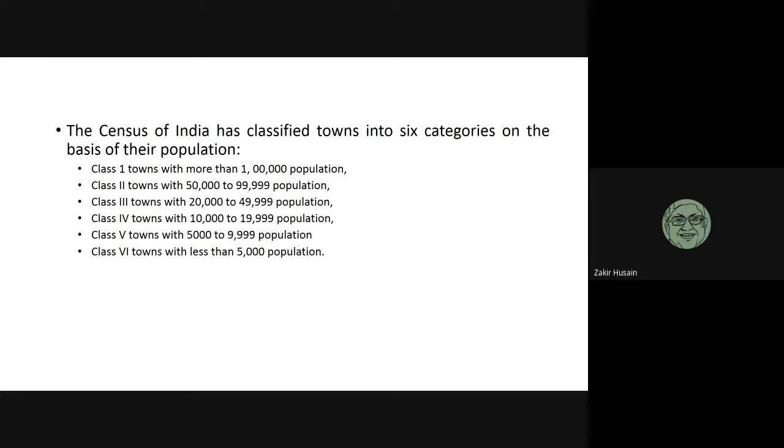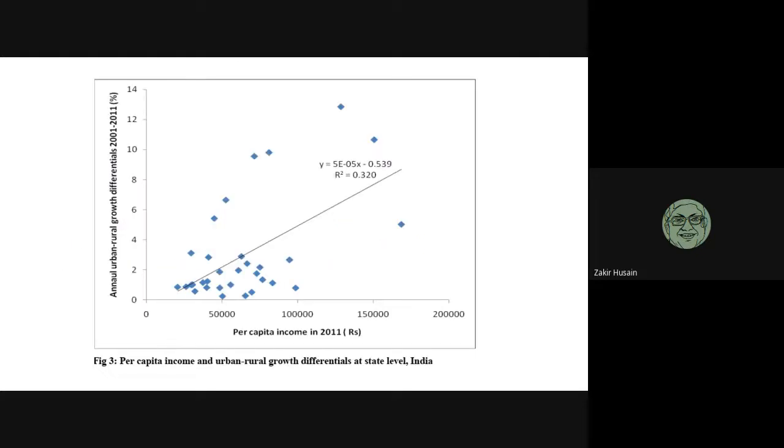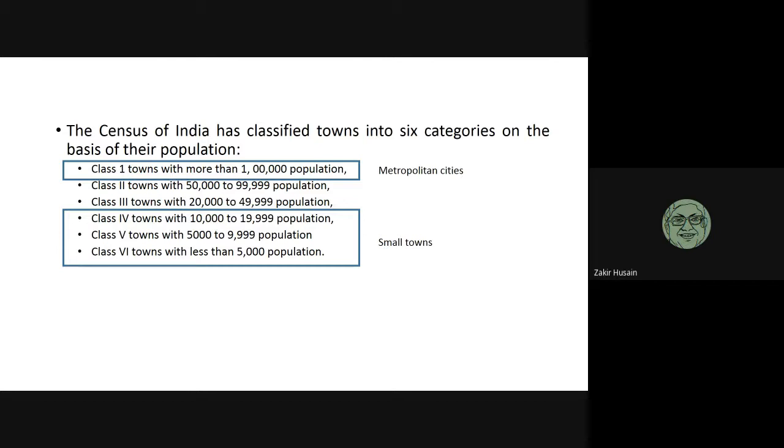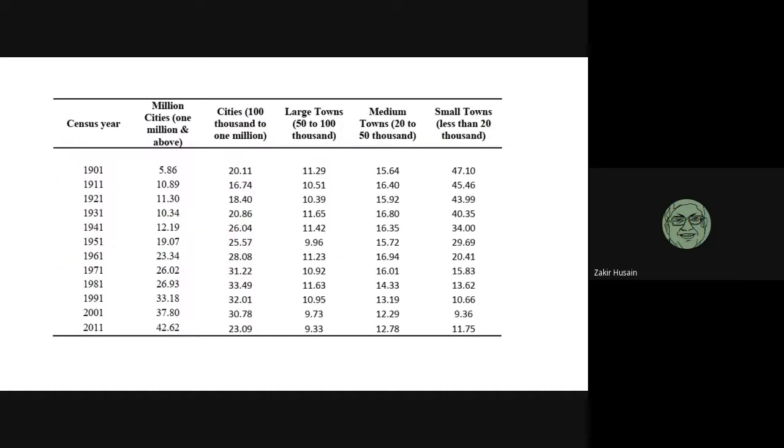Okay. Now this is where I start from. Now the Census of India has classified towns, or urban areas, into 6 categories. More than 1 lakh, 50 to 1 lakh, 20 to 50,000 and so on. Now, for meaningful analysis, it is better if we classify class 4, 5 and 6 and call them small towns. Class 1 towns are called metro cities, population more than 1 lakh.